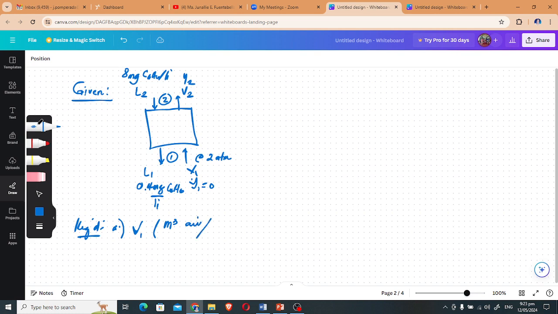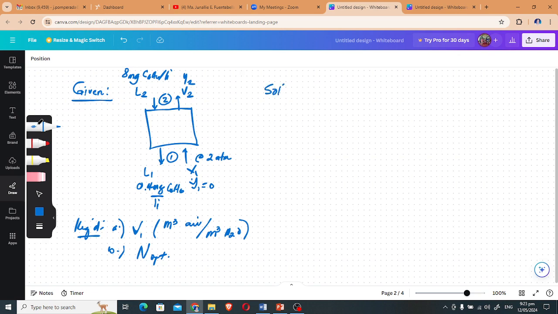Let's say if you're using 1 cubic meter of water. And then for letter B, we'll have the optimum number of stages. So this will be our simple representation of what the problem gives us and what it requires.